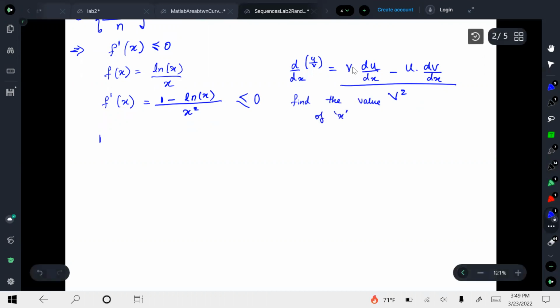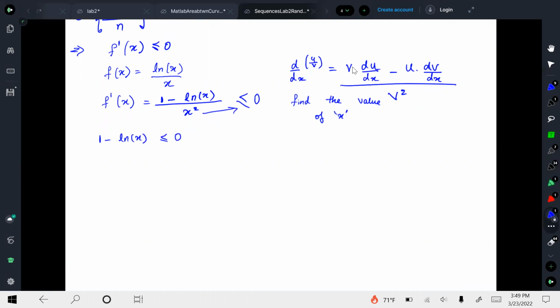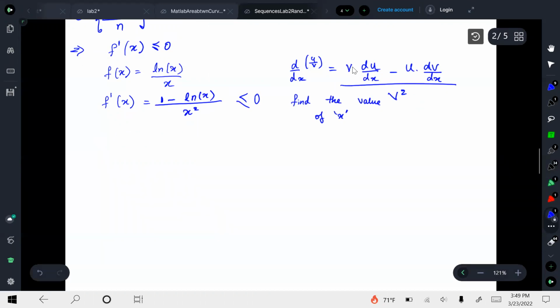So we have 1 minus ln of x divided by x squared less than or equal to 0.